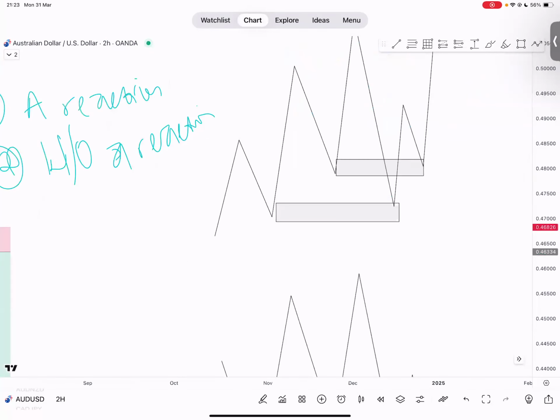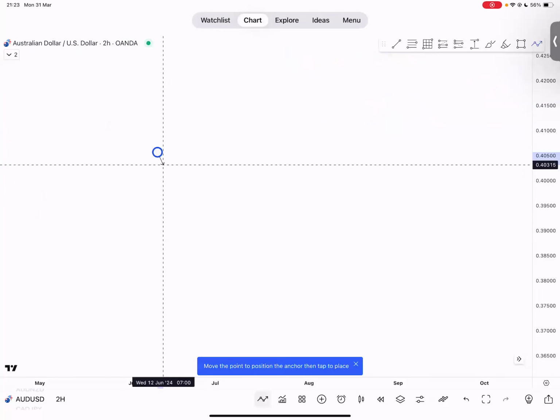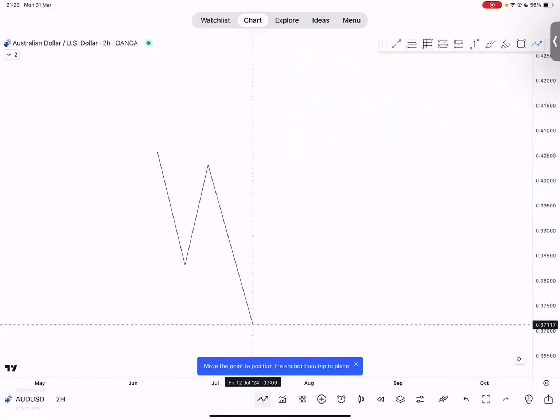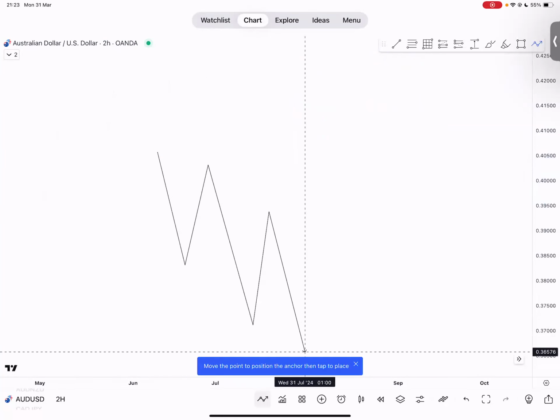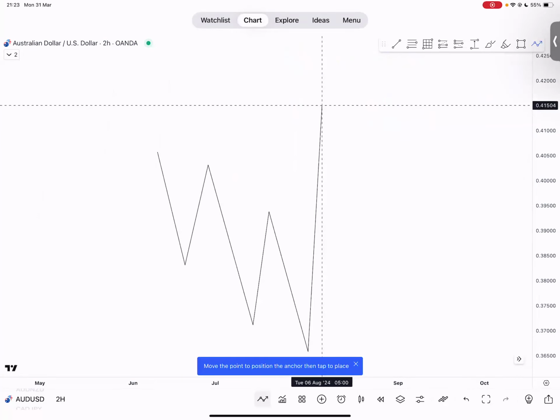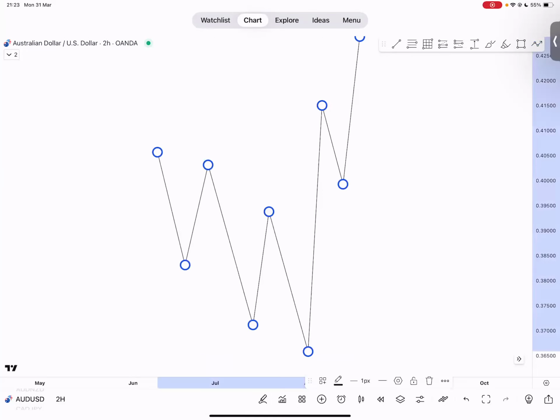And if you should flip, this is what it's going to look like when you have a supply zone, price putting in lower highs and lower lows. And what happens? Price comes, takes out that supply zone with little or no reaction to it, right? What does it create?